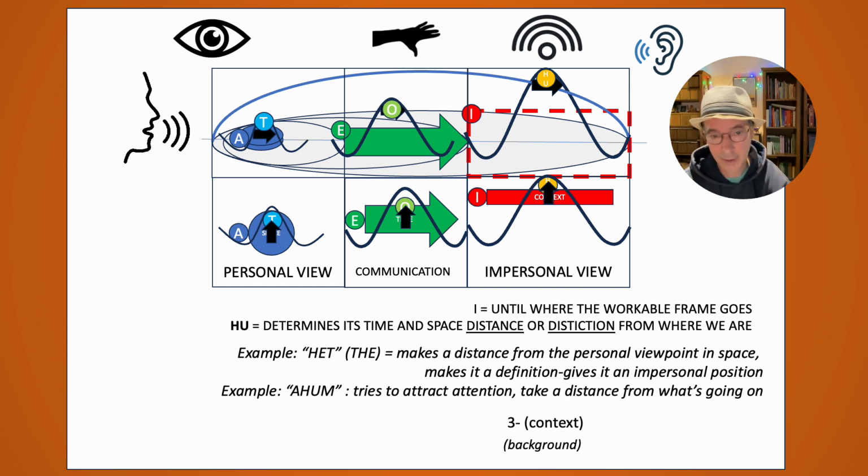The second category, with time, is used for communication. The last one, context, is used for the impersonal definitions. So when I define it as hut, I determine a space with a T, but with an H, I determine what is logical, and what has a current context and what not.